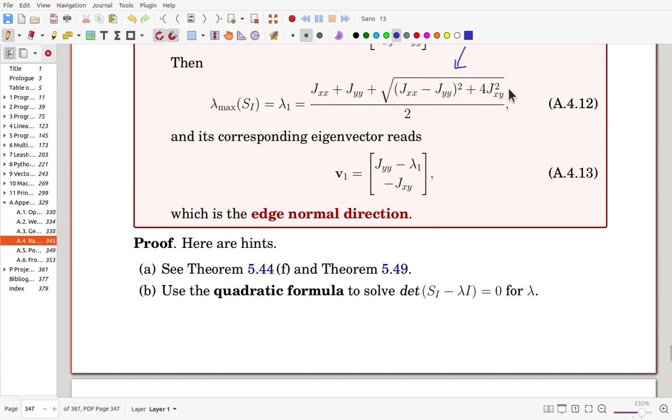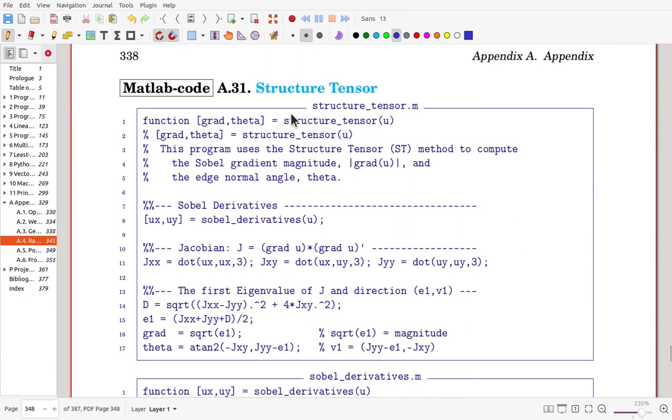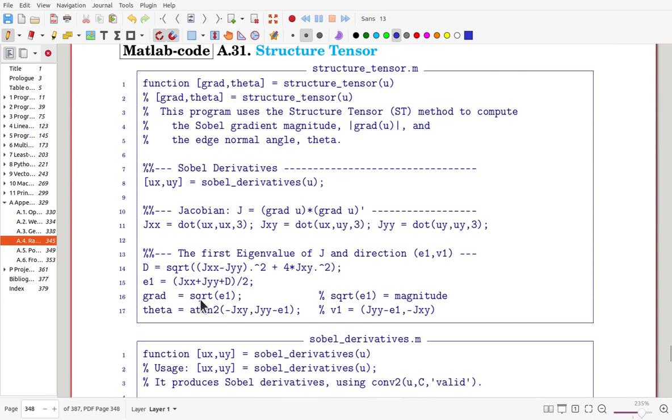That is saved in D, for each point, and then now we get the large eigenvalue, and its square root is now the gradient magnitude, and V1 is this one, so that y component and x component are used to get the direction angle, and by using the function atan2, and that is now the edge normal direction.